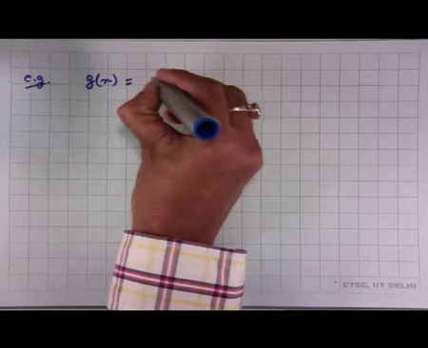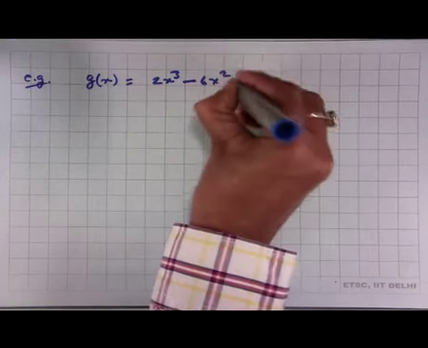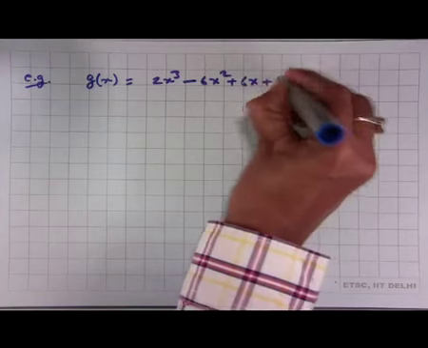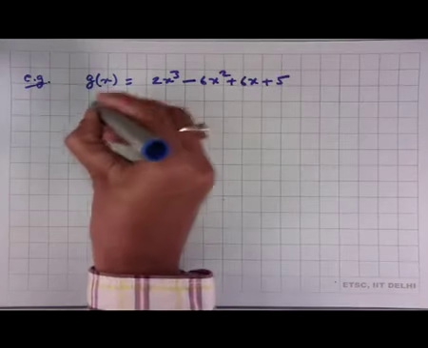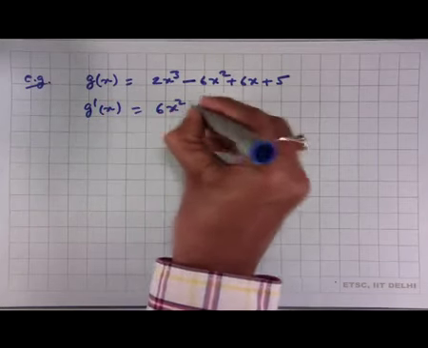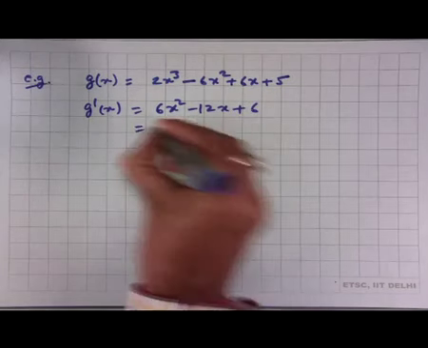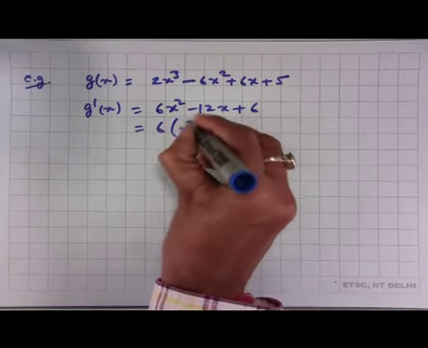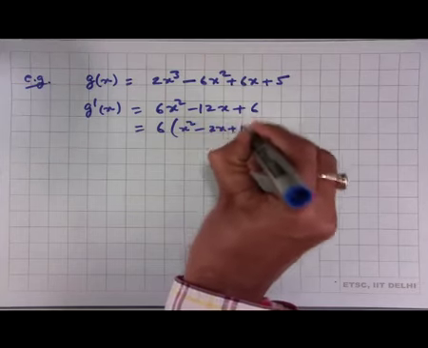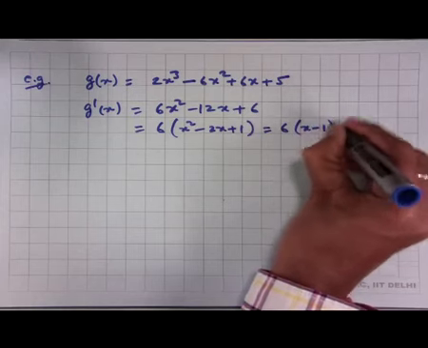Another example, let us look at g(x) equal to 2x cube minus 6x squared plus 6x plus 5. Here again let us find the derivative. g'(x) is 6x squared minus 12x plus 6, which is equal to 6 times (x squared minus 2x plus 1), which we see is equal to 6 times (x minus 1) whole squared.